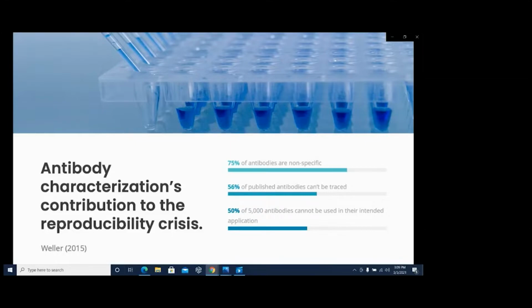It's gotten so bad that we're at a point in which 75% of antibodies don't bind specifically to their target. 56% of published antibodies can't be reliably traced in any meaningful way, and over 50% of antibodies can't even be used in their intended applications. So how on earth are you going to know what to do? Now, all of these challenges result in billions of dollars wasted and countless hours spent on these antibodies that don't even do what they claim to do.